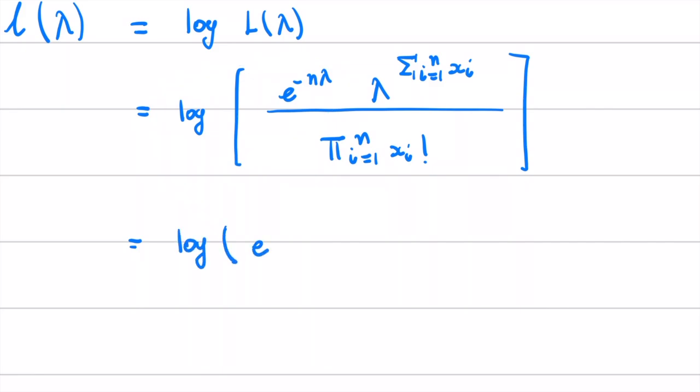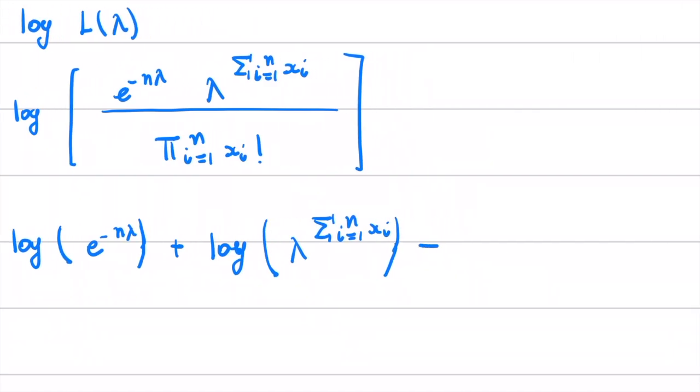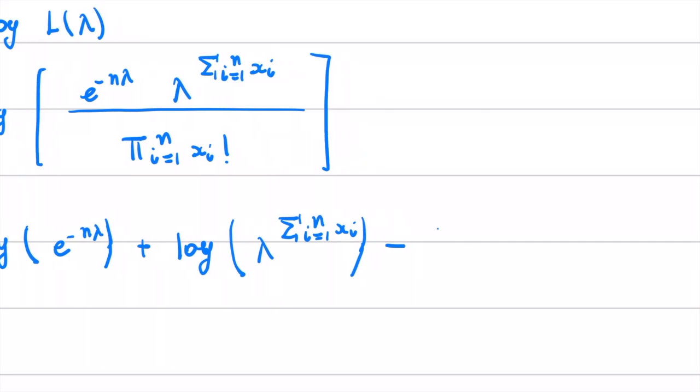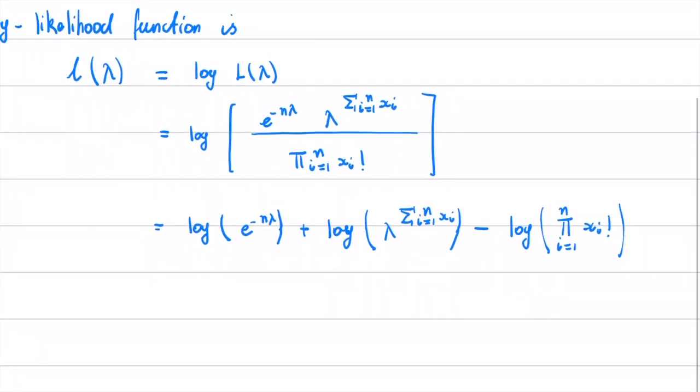So that becomes log of e to the negative n lambda, plus log of this expression here, lambda to the sum of xi, and because the product of xi factorials is down the bottom, we actually have minus log of the product of i equals 1 to n xi factorials.